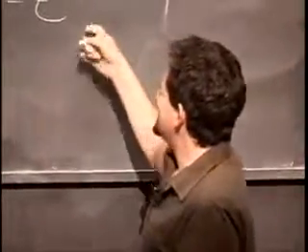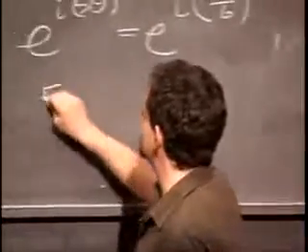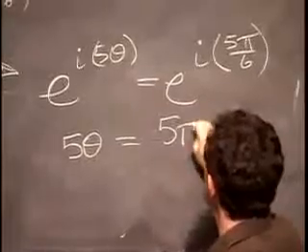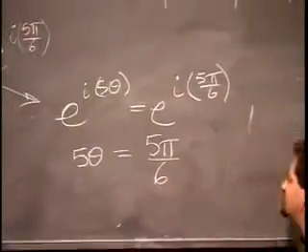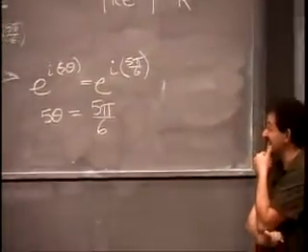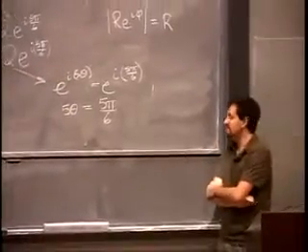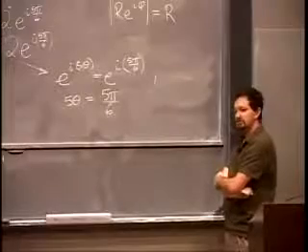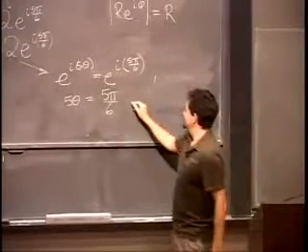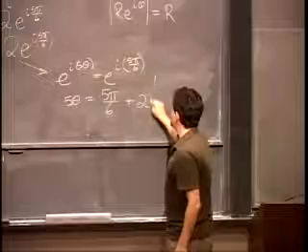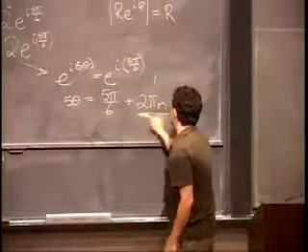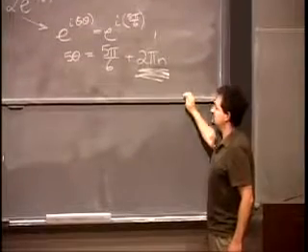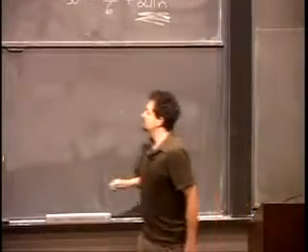On the other hand, here it is tremendously tempting to write 5 theta is 5 pi over 6. It's really, really tempting to get rid of the e to the i, sort of take a logarithm and cancel the i's. But it's not true. We need to add in a 2 pi n. And the reason can be summarized in the following principle.